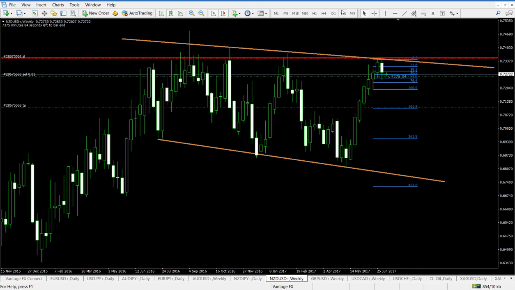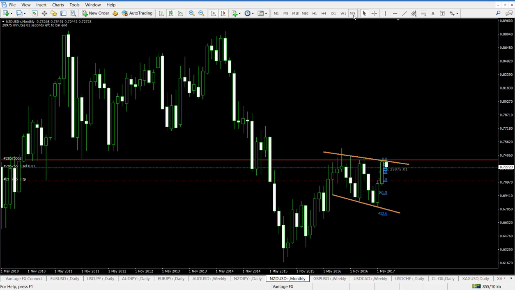Yeah, this is a weekly chart. So in monthly, well, it looks like it's gonna go up. It has 2 months of a sharp move upward. And if you consider this a flag in the monthly chart, it's a very long term flag, okay? It's like 2 years.